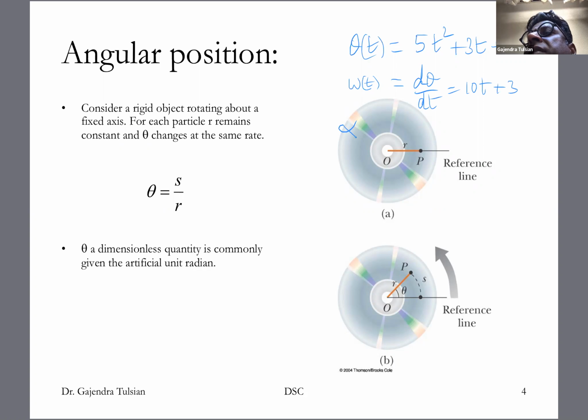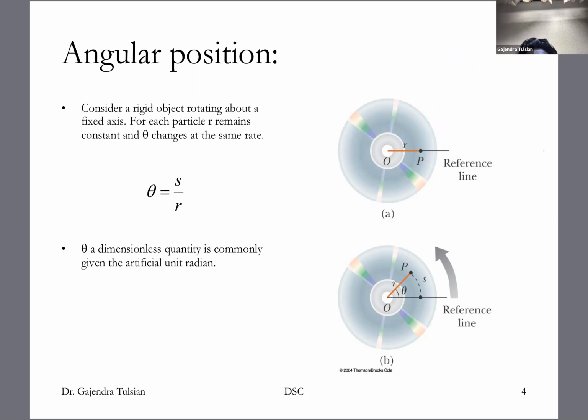And angular acceleration denoted by alpha is d omega by dt, which is 10 in this case, so 10 radians per second squared. Again, those will be the units. Anyway, so that's where we are headed. Okay. So the angular position of this object as a function of time is what we'll be interested in.